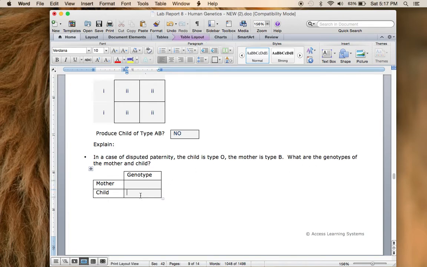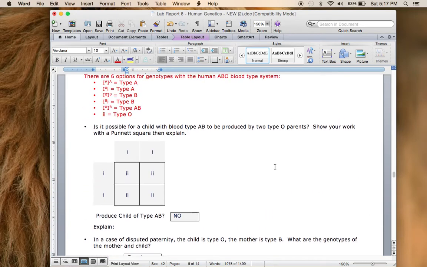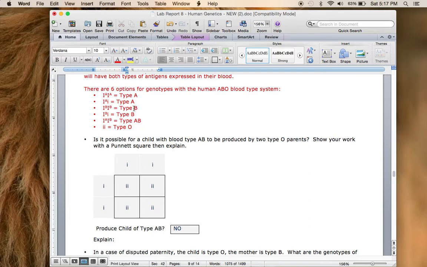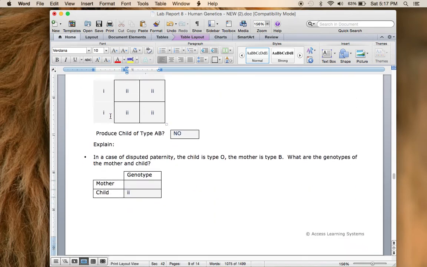If the child is O, then they've got 2 recessive alleles, which means they had to have gotten at least one of those recessive alleles from the mother. So if the mother is type B, we've got 2 options for type B. We've got 2 dominants to make type B, and then a dominant and a recessive to make type B. Well, obviously it's got to be the second one, the dominant and the recessive, because she passed on a recessive to her child.